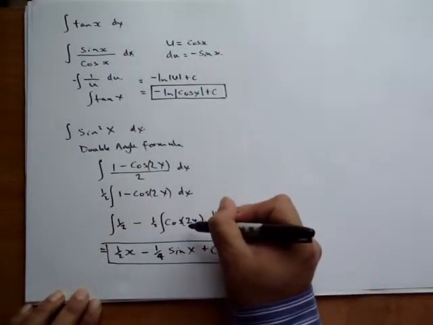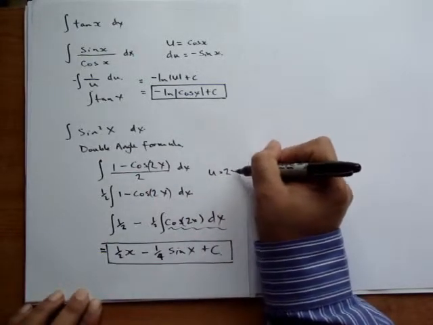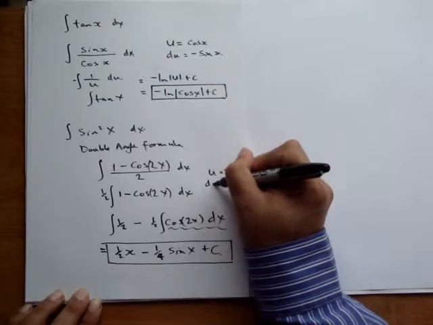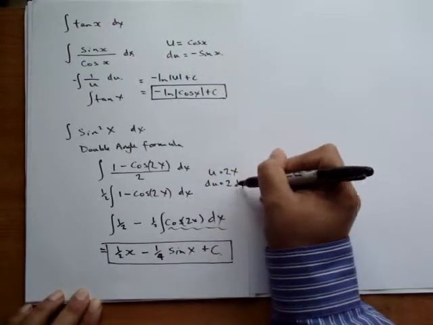In our u sub of this, we let u equal 2x, and our du becomes 2 dx.